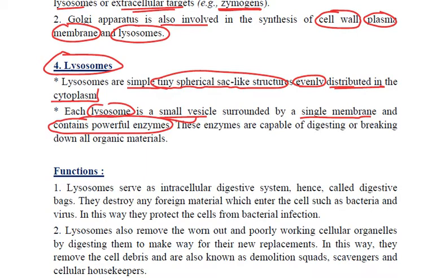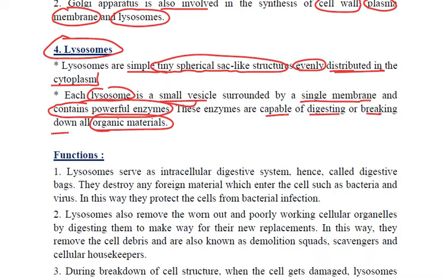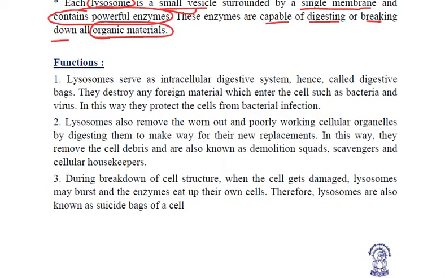These enzymes are so powerful that they are capable of digesting or breaking down all organic materials. Right? Now, the functions of lysosomes are very important. We have just studied that lysosomes contain very powerful digestive enzymes. So they serve as intracellular digestive system.